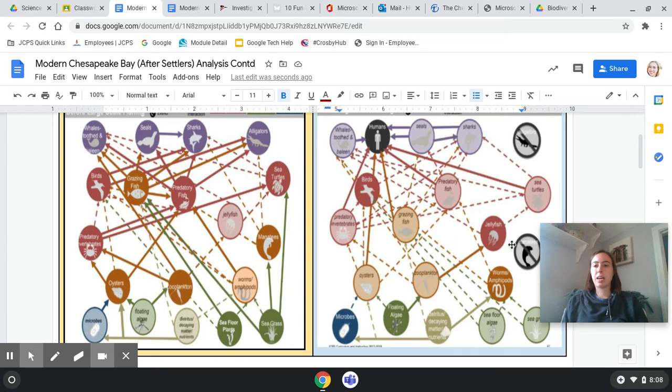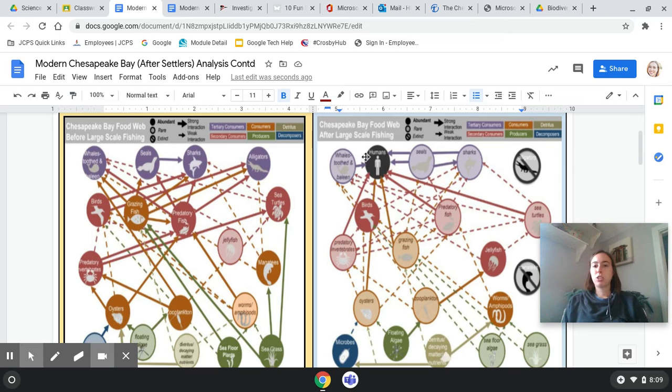And when I see that sea turtles and whales are the two organisms that consume jellyfish, I notice that compared to the historic food web, sea turtles and whales used to be abundant. That means there used to be a lot of sea turtles and whales. But now, sea turtles and whales are rare. I know that they're rare because their circle has an outline that's only lightly shaded in. So that means that there's a lot less sea turtles and whales than there used to be.